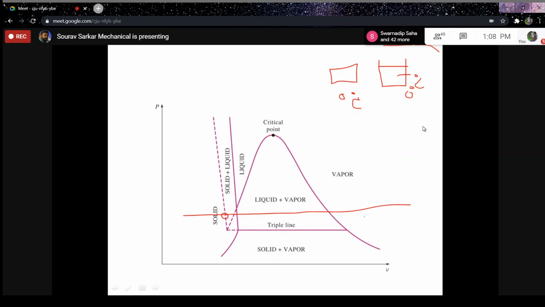If I consider one pressure, and you are somewhere there, if we start to heat it, what will happen? It will reach, suppose, 0 degrees Celsius ice.